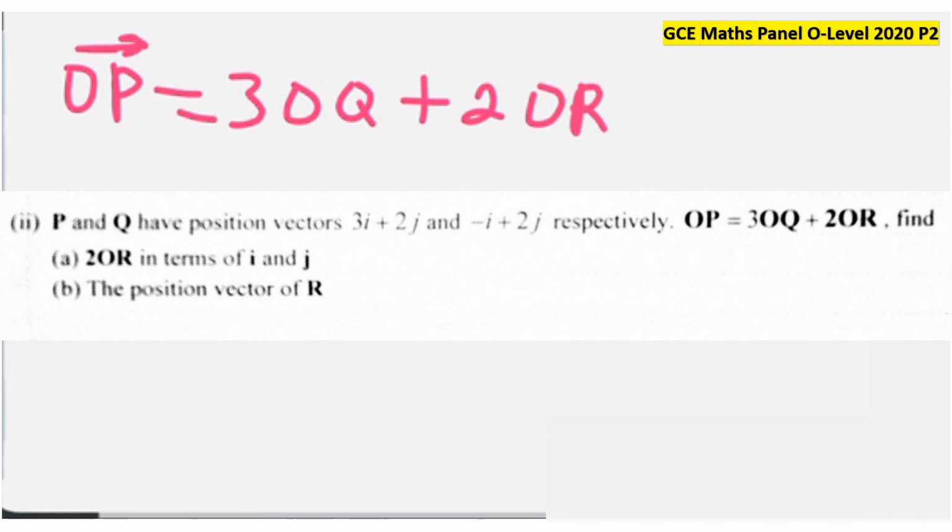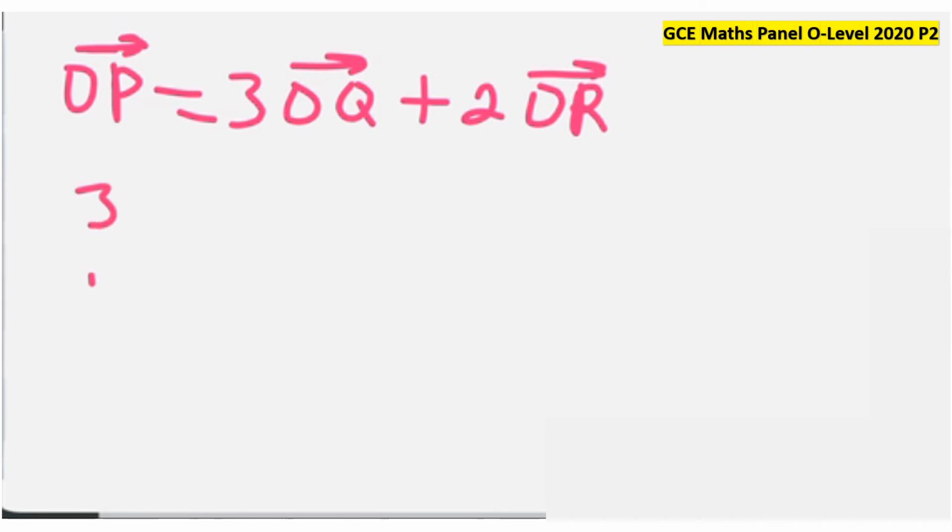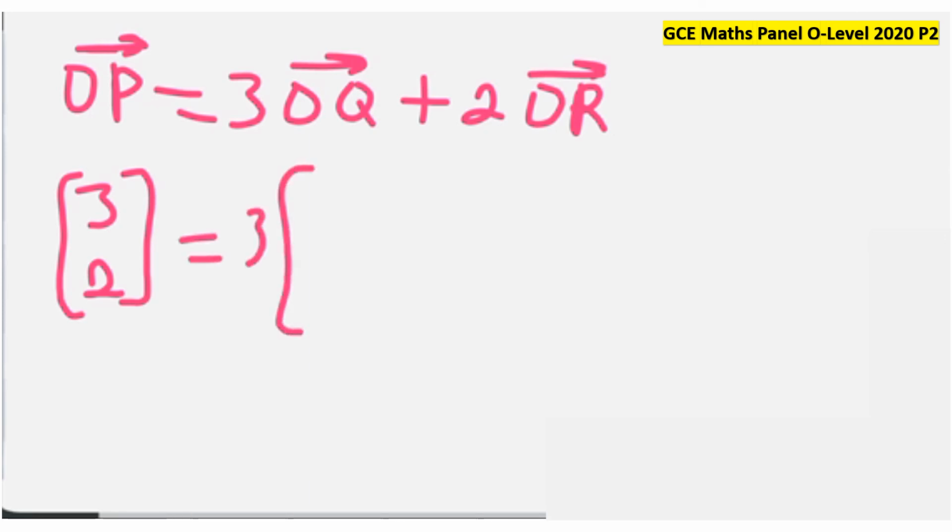Remember to put the signs. So we are looking for 2 OR, but we know the value of OP and OQ. So OP is (3, 2), in matrix form, equal to 3 times OQ, where OQ is (-1, 2), plus 2 OR.